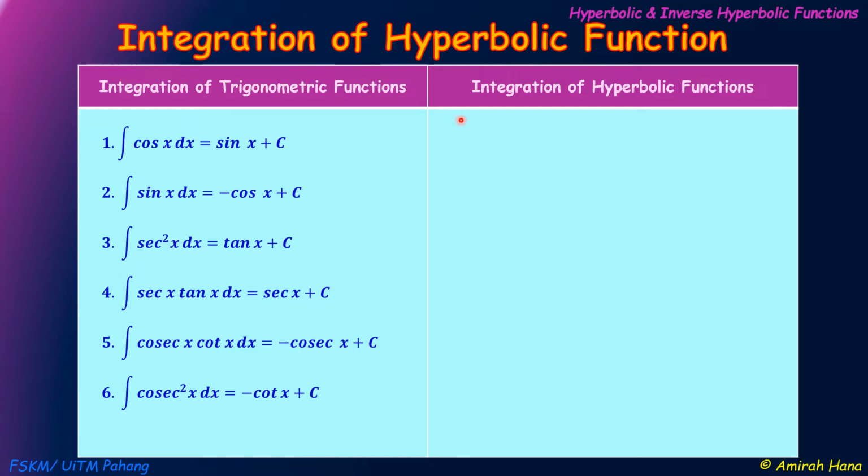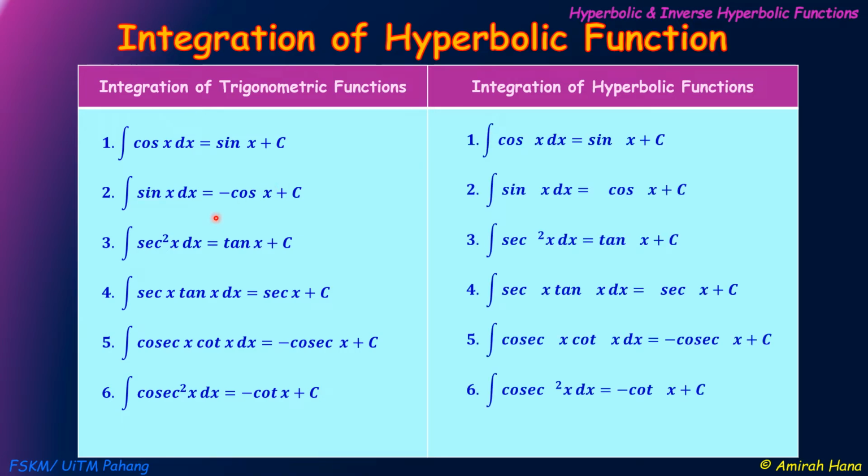Now, what about the formula for the integration of hyperbolic functions? If you look at the left and the right columns, the two are very similar. Their difference is that in the hyperbolic function, the h has to be placed behind each function, right? For the first formula, it is very similar.